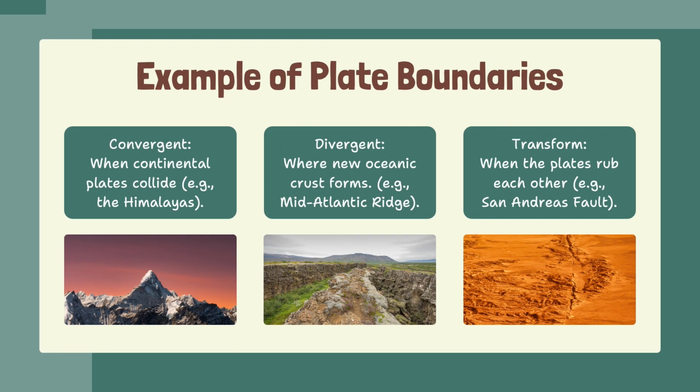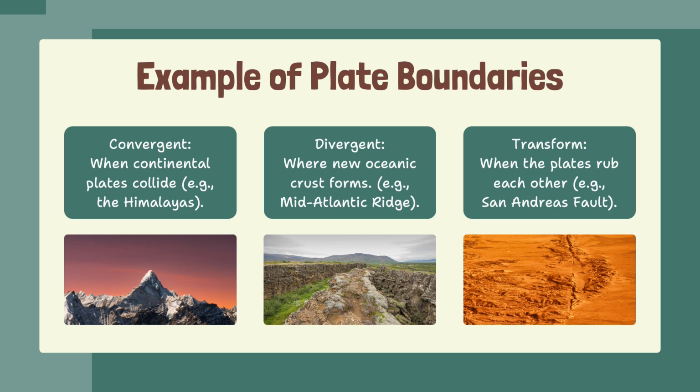Okay, now we get to the examples. One of the most classical examples of convergent, or collision rather, is the Himalayas. The Himalayas are a result of the Indian continental crust and the Eurasian continental crust colliding with each other.